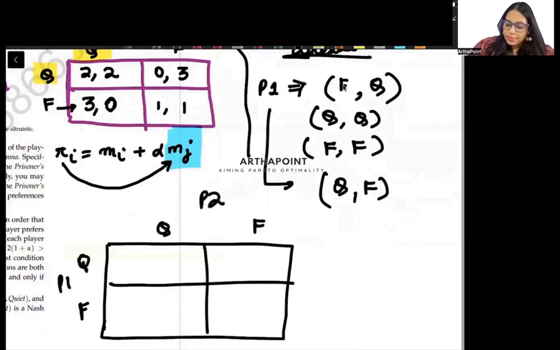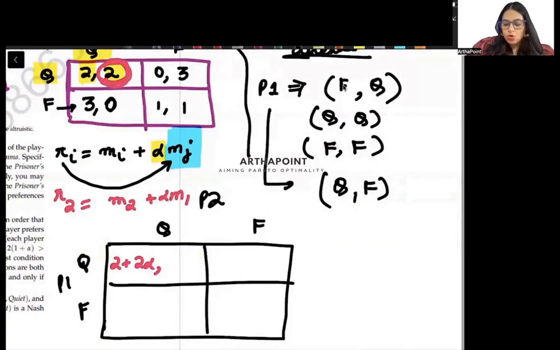Now it will become mi is 2 plus alpha into 2, so 2 plus 2 alpha. Similarly for player 2, this will be the payoff of 2 plus alpha times 2, so 2 plus 2 alpha.